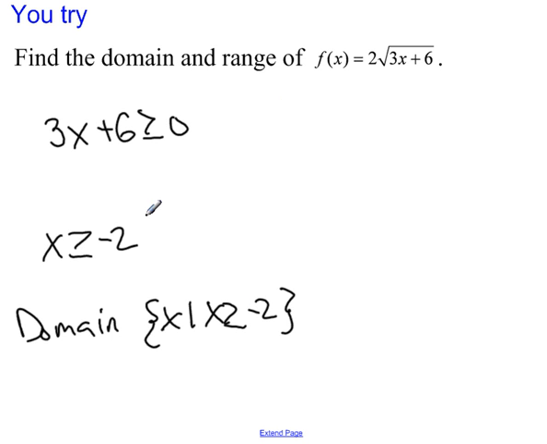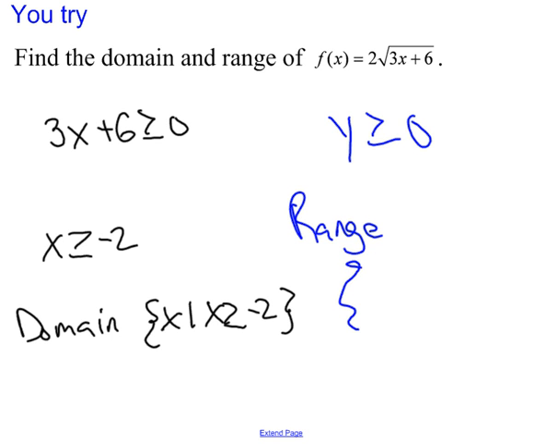To get the range, you're just going to take that negative 2 and substitute it in for x, and then just solve for f of x. So that's 3 times negative 2, negative 6. Negative 6 plus 6 is 0. Radical 0 is 0. 0 times 2 is 0. So y is greater than or equal to 0. So your range is, wow, that squiggly did not come out the way it's supposed to come out. Let's try that again. There it is, a little better.